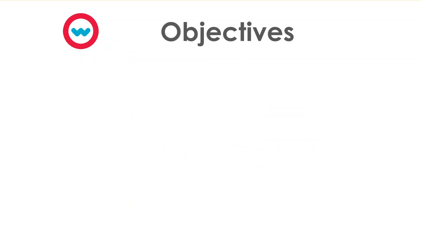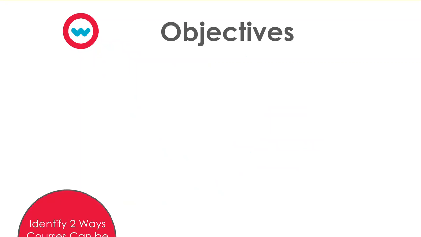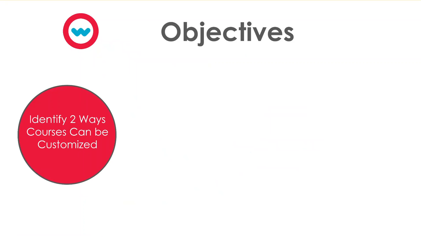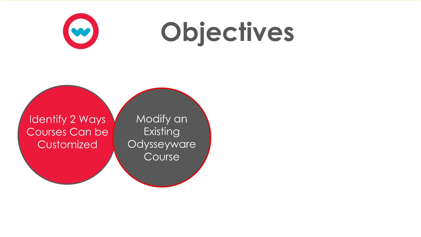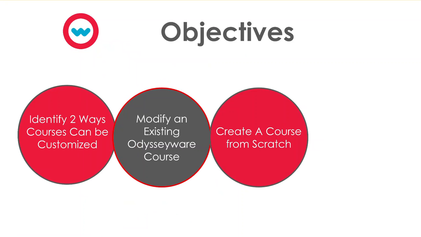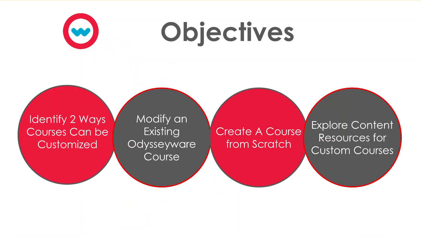To recap, those are the 4 things that we really did focus on today: the 2 ways courses can be customized, how to copy a course, how to create a course from scratch, and those 2 additional content libraries and additional resources, as well as our online supplements.